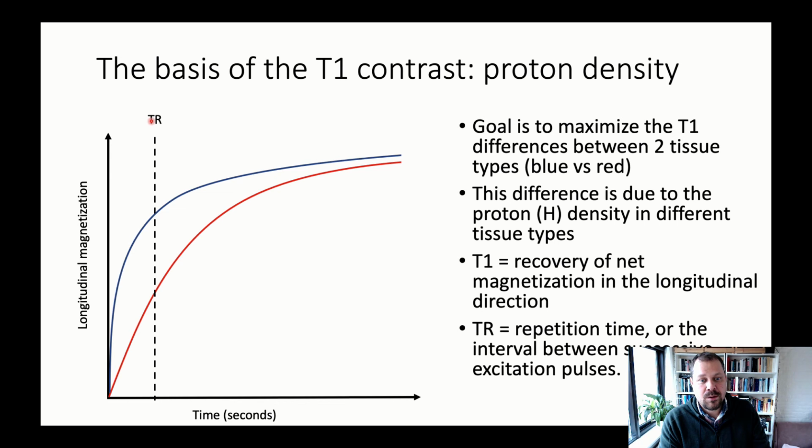The TR is the repetition time, or the interval between two successive excitation pulses, if you will, but they're these radio frequency pulses that we talked about earlier. And so if we measure at about this time point here, just before the new TR, we find that we have a maximum difference between these two tissue types, and therefore maximize the contrast in the image that is recorded by the scanner.